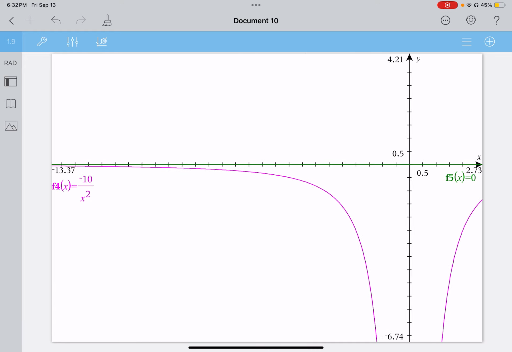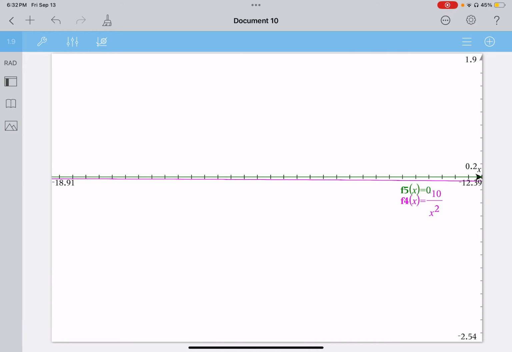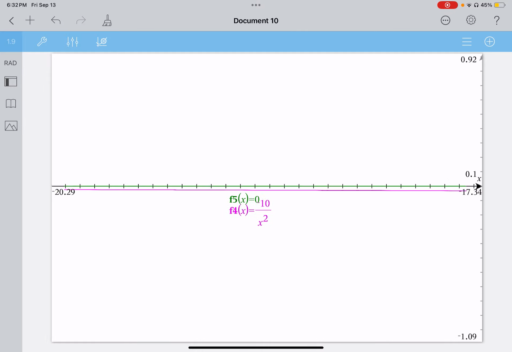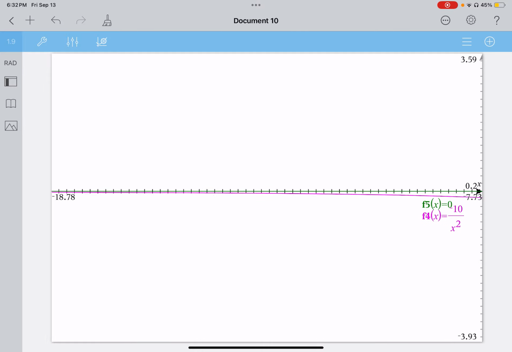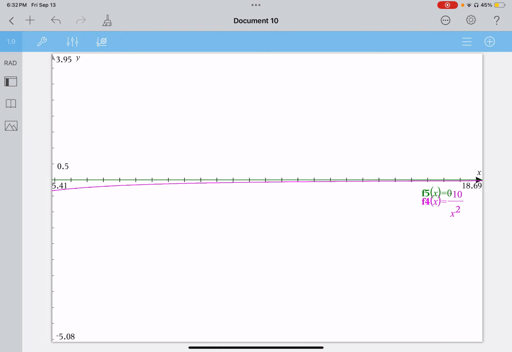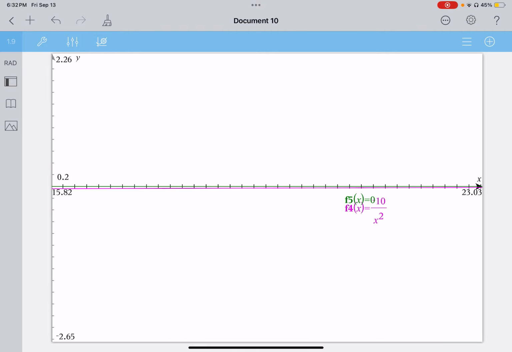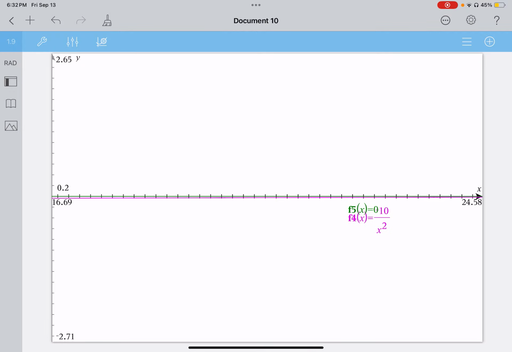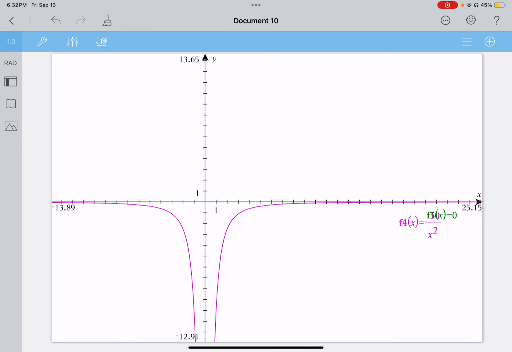There it is in green. So it's the same thing. All the way to the left, you see how it's approaching 0. It never touches it, but it's going to keep getting really, really close. And then all the way to the right, the same thing happens. It's approaching the horizontal asymptote at 0. You never see that graph going up or down, okay?